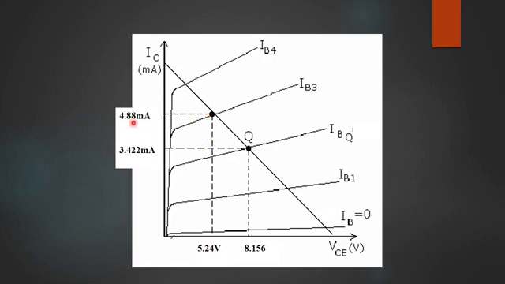Correspondingly, the collector current was 4.88 milliamperes. Now we see that the Q point, which was in the center of the active region, has shifted toward the saturation region. Further variation in beta would tend to move the Q point towards the saturation region, thereby distorting the output if you are using the transistor as an amplifier.